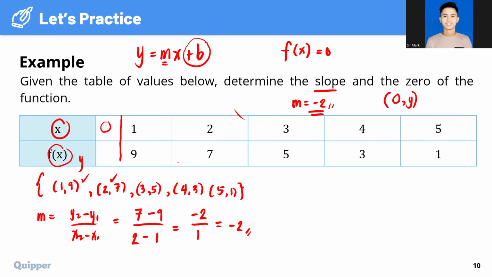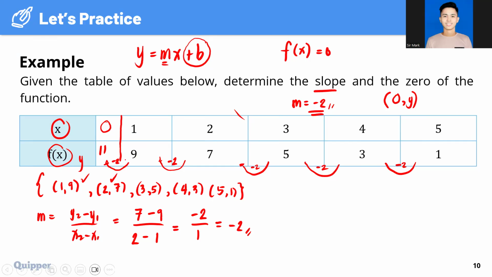The pattern in the y values, whenever we subtract from right to left, there's a common difference of -2, right? 3 minus 5, -2. 1 minus 3, -2. Therefore, if we have x equal to 0 here, this must be 11, so that 9 minus 11 is -2.